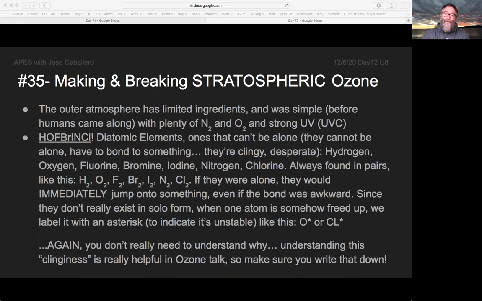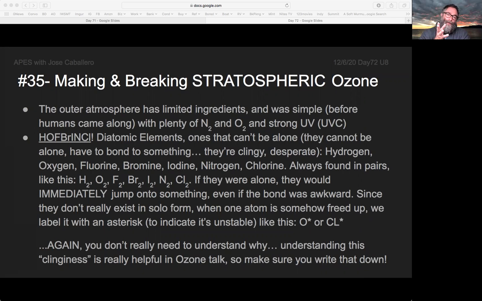The other thing you should know is something that kids usually learn early in chemistry, but this will be your chemistry band-aid. You need to know this, and you probably want to write it down. Hofbrinkel. Hofbrinkel, it's on the screen. These are the diatomic elements. They cannot be alone.